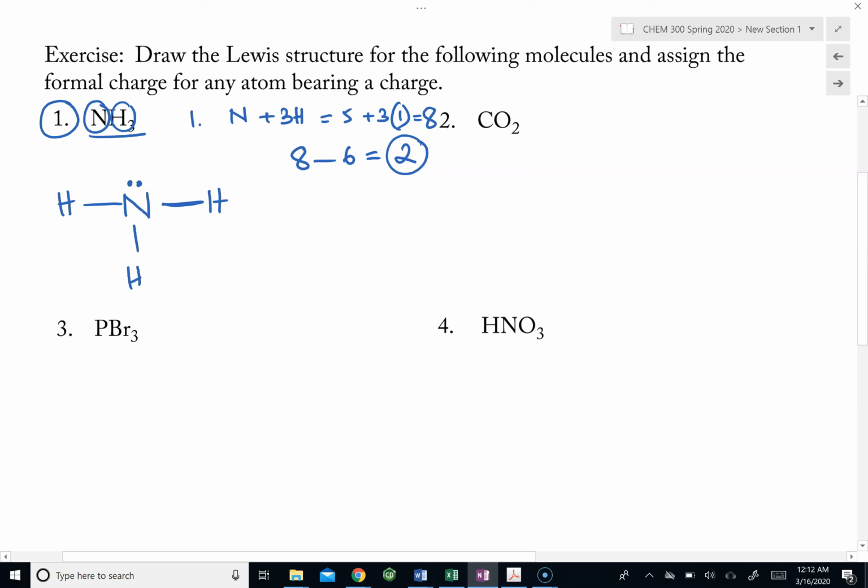In this case, we are going to skip steps 5 and 6 and move right on to step 8, since the central atom now has an octet of electrons already. If we use our formal charge equation, we see that this hydrogen would be neutral. FC equals 1 valence electron minus 0 lone pair electrons on this hydrogen minus 1 bond, equal to 0. So each of these hydrogens has a 0 formal charge.